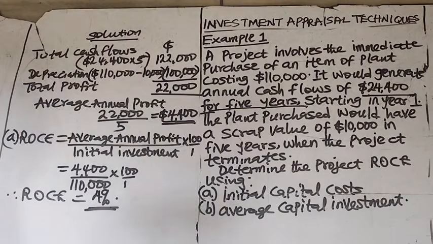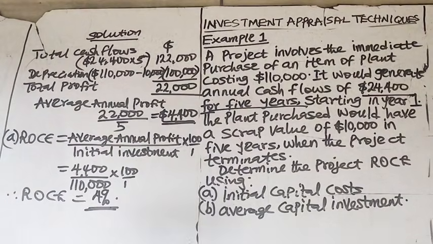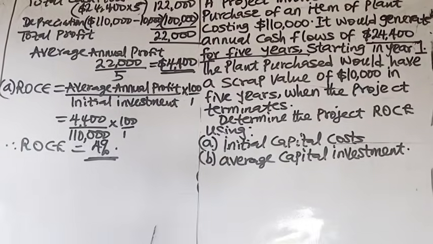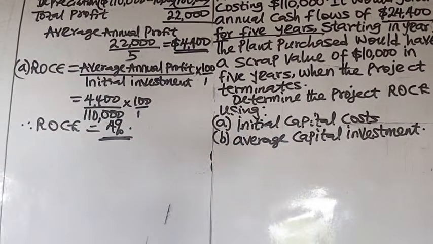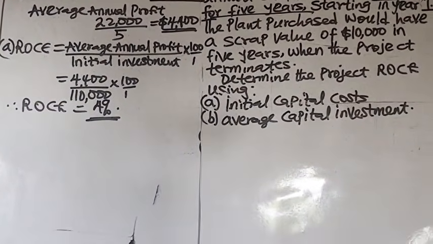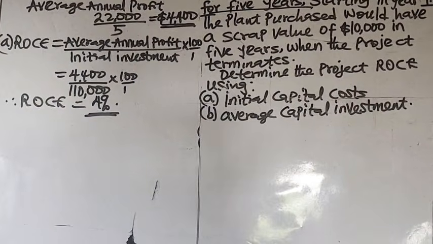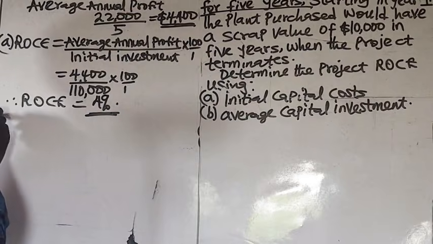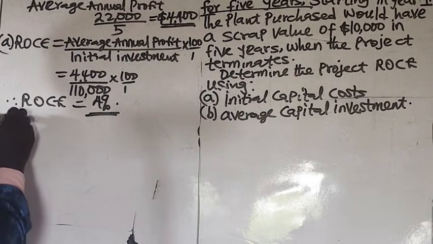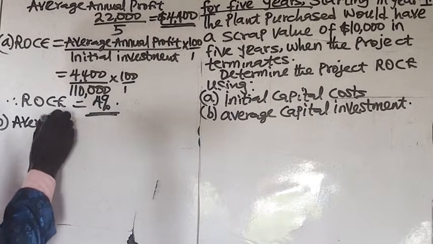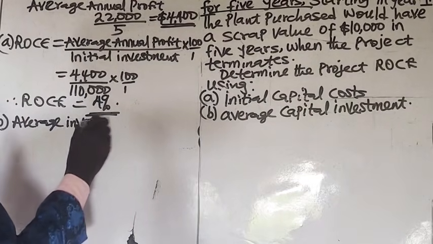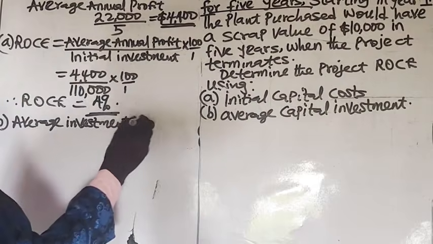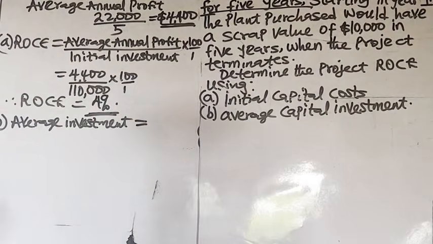In the B part of the question, you are to use the average investment. So you want to calculate the ARR using the average investment. Remember, I've told you that average investment is equal to the initial investment plus scrap divided by 2.